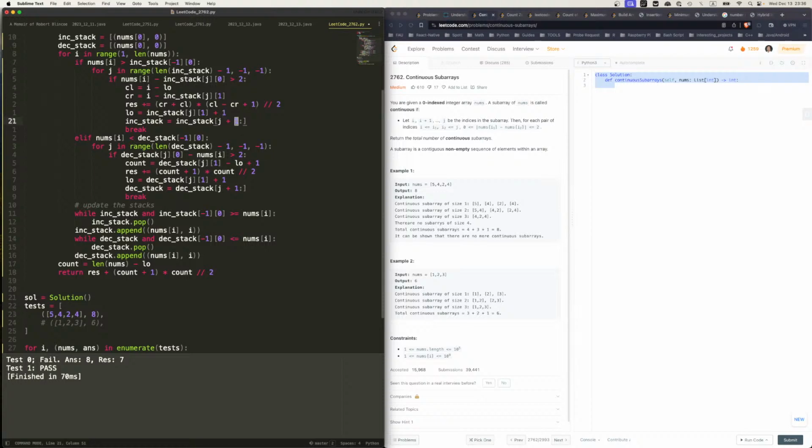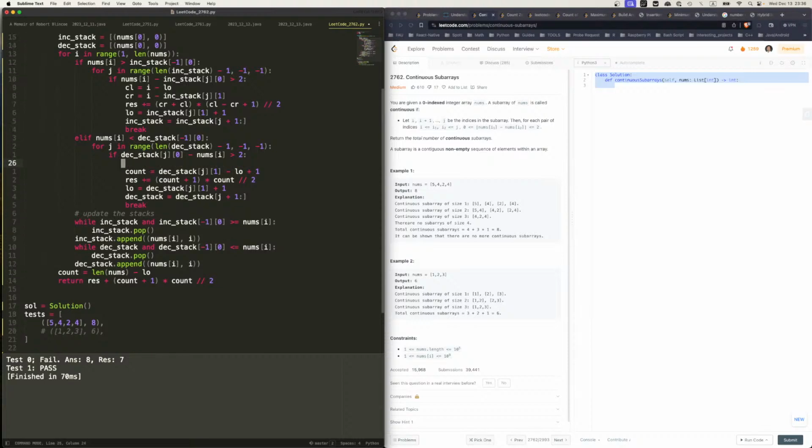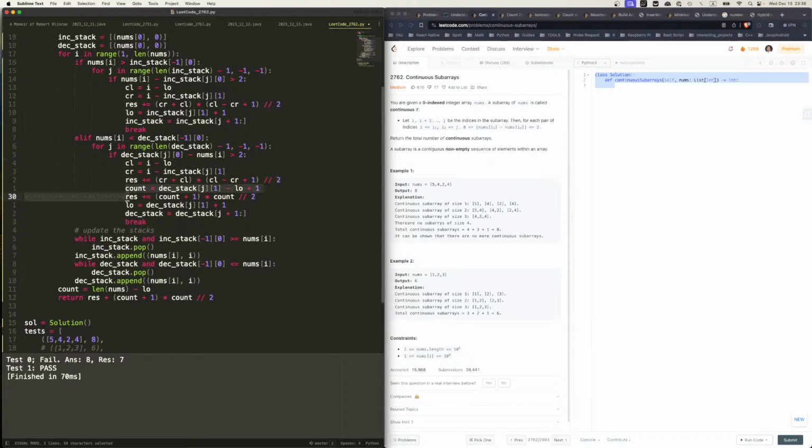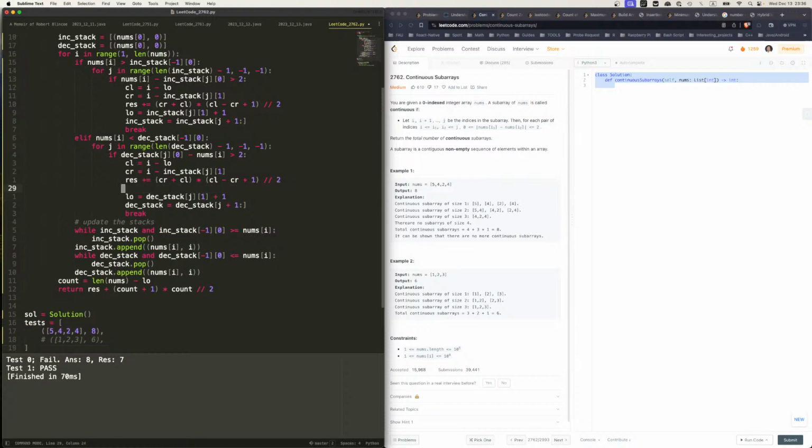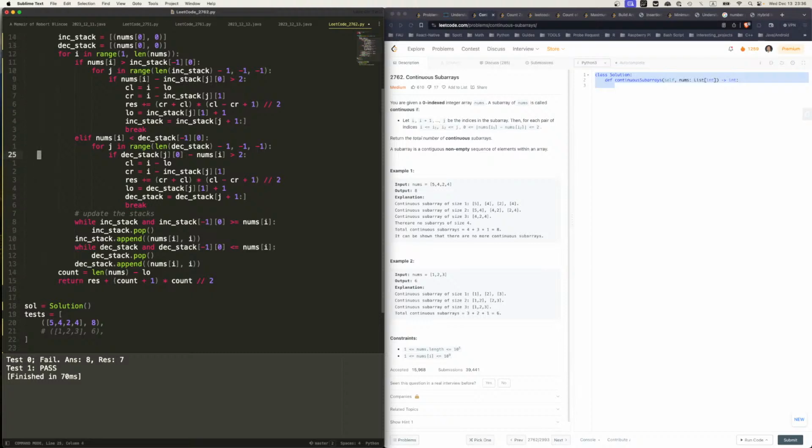Okay, that's good. And here we'll basically do the same thing. And I do think it is the same. So we'll yank all this, then we'll paste all this and delete this. Right, so CL again is i minus low.